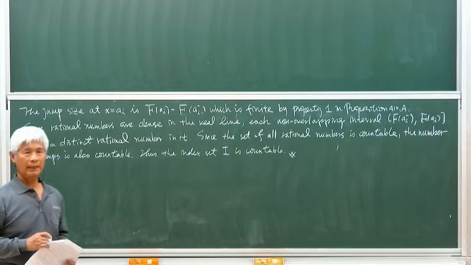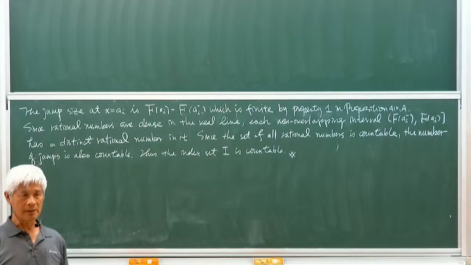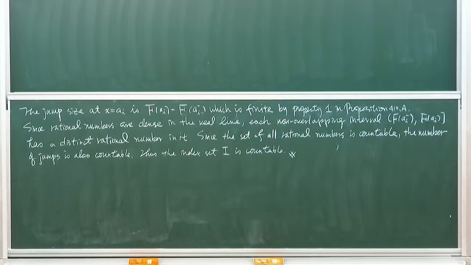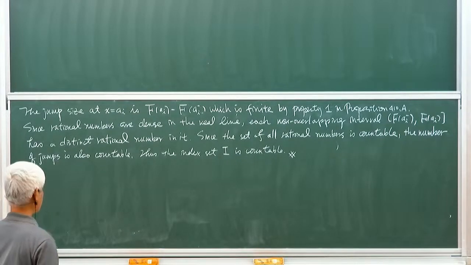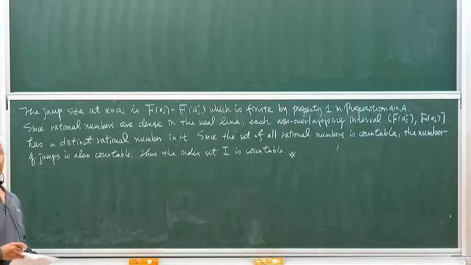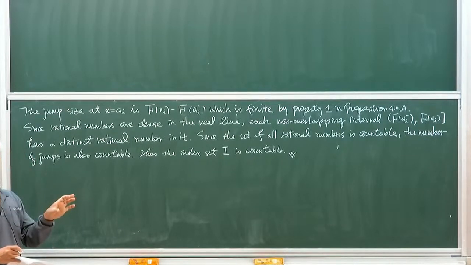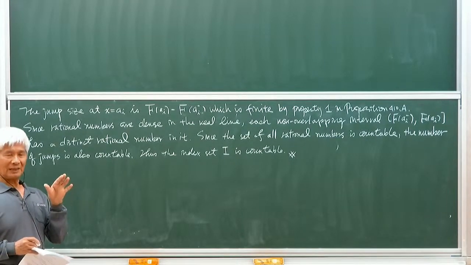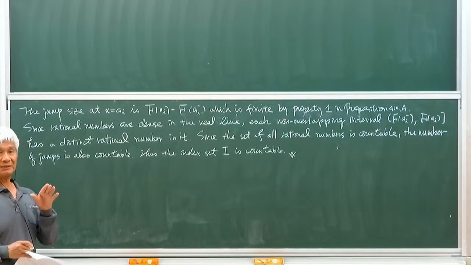Yes? Is this the same that we use for calculating the probability mass function from the CDF? Yes, that's right. For the probability mass function in general, there are only countably many points which are positive.